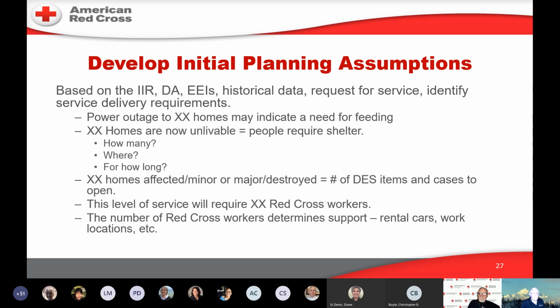Power outages may increase our short-term housing, especially in that initial process. People aren't allowed back into the area, or if they are allowed back in, their homes are not functional. In our area, it can just be too cold to send them home to a home with no heat.